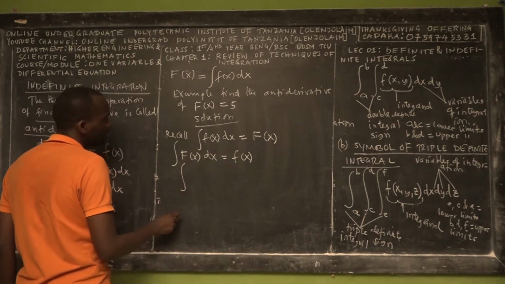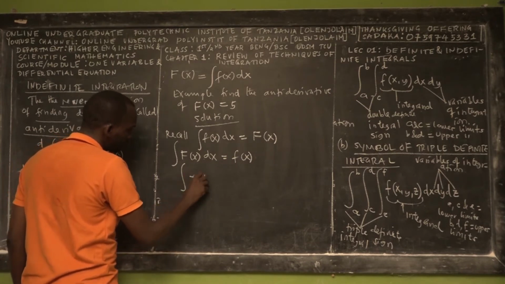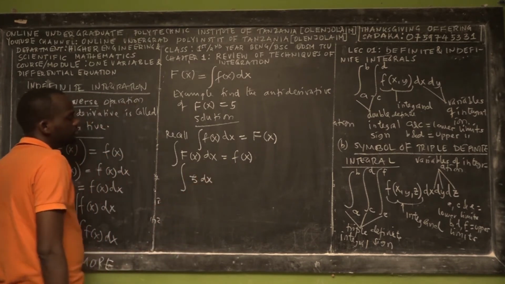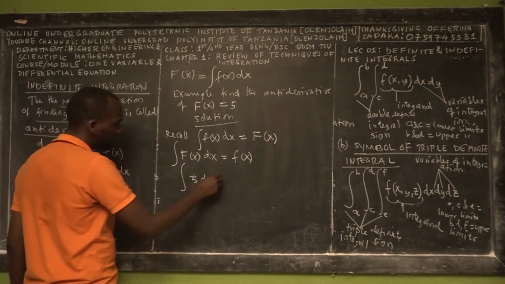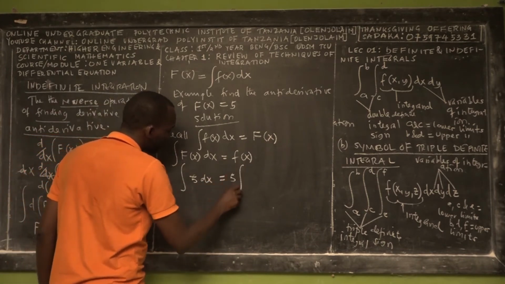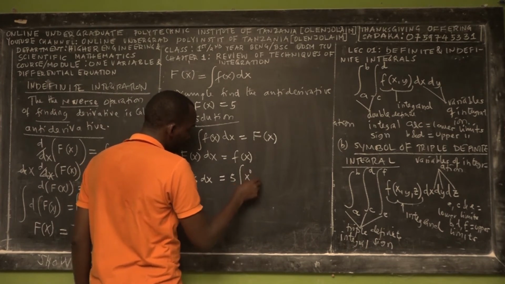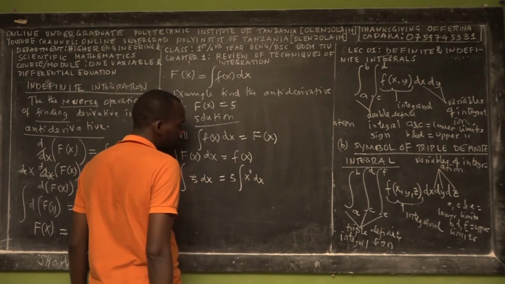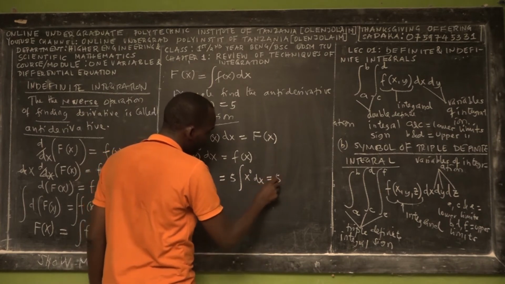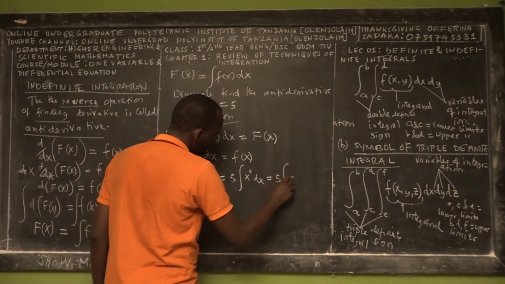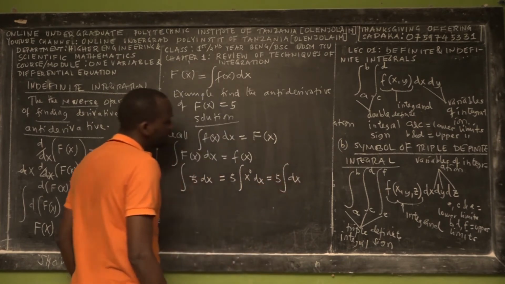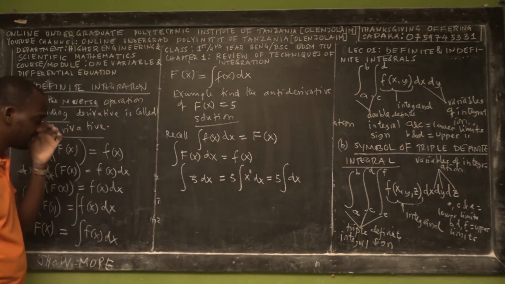Then here we integrate 5 dx. By using laws of integration, this is 5 integral of x power 0 dx. In other words, this is 5 integral, x power 0 is 1, so dx. So listen carefully.